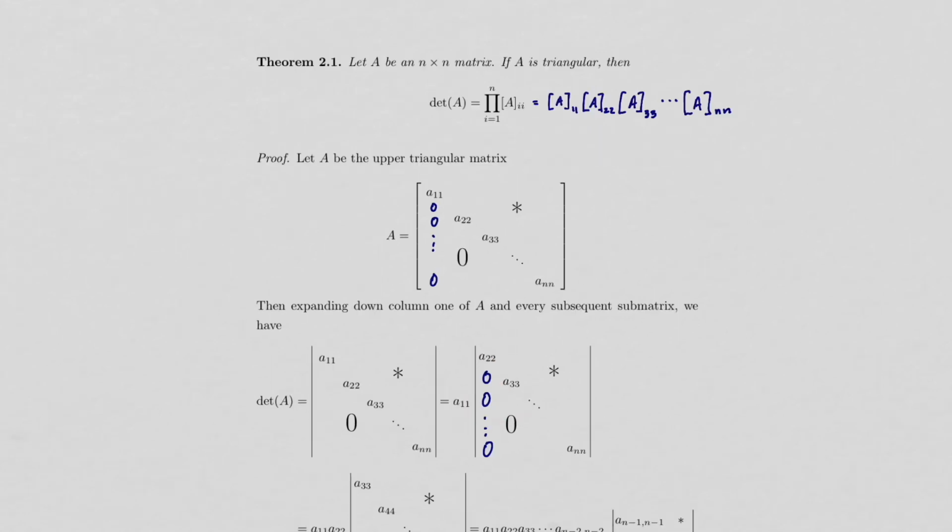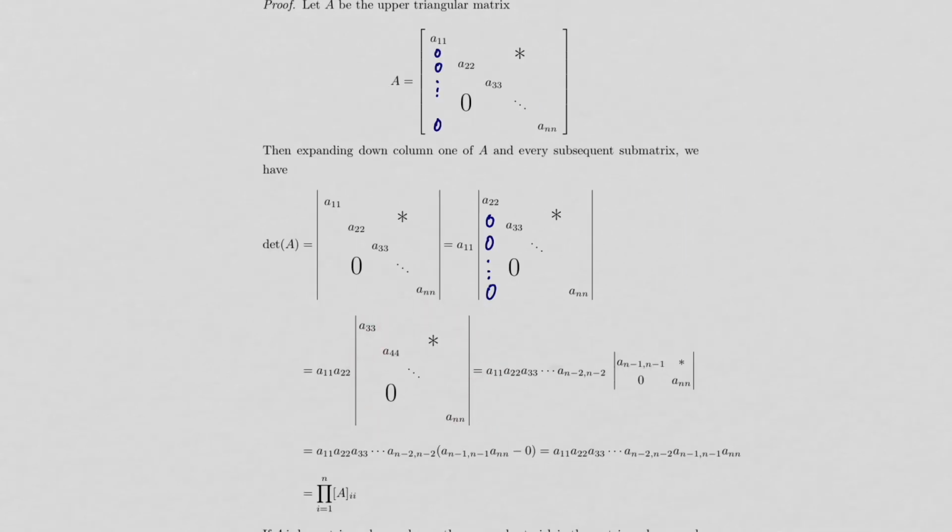And then notice what this is. This is another upper triangular matrix. And to do the determinant of this one, I'm going to expand down column 1 of this matrix, which also has all zeros underneath A22. So it'll be A22 times the determinant of the submatrix I get when I take out row 1 and column 1 here. We can see that one here. And so I've got A11 times A22.